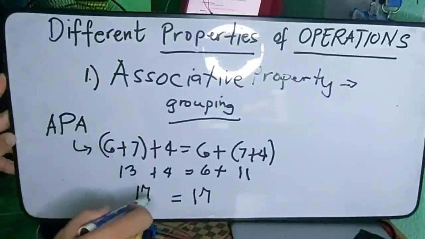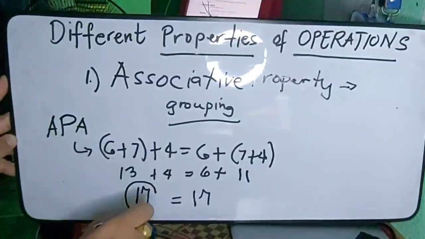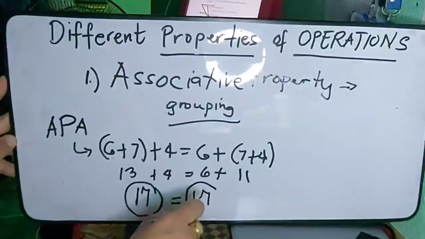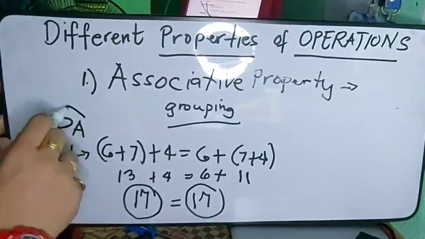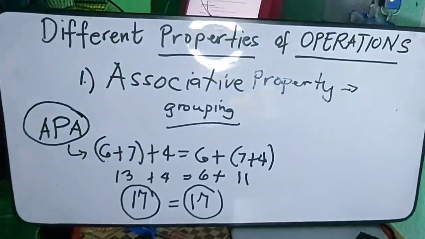The same answer, so it gives you the same result. That is what we call the associative property of addition.